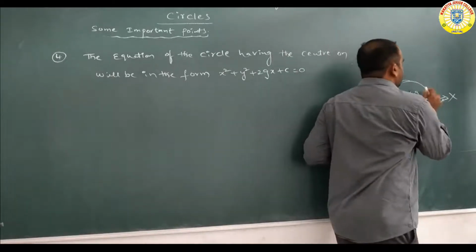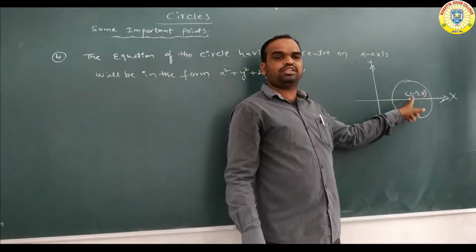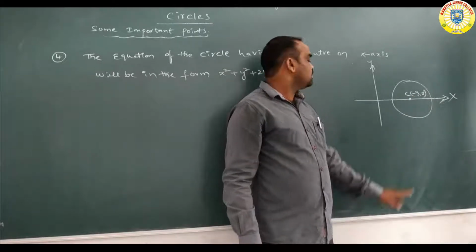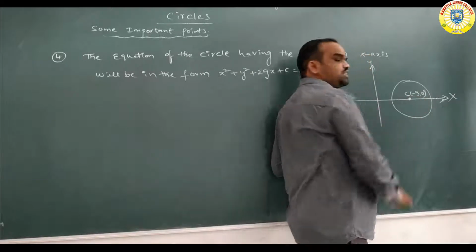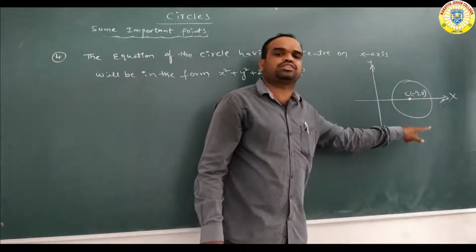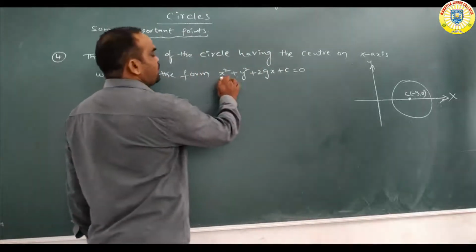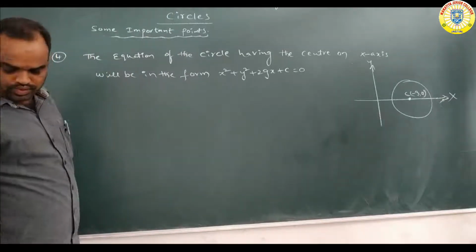That's why your center is -g, 0. Understand? Center is equal to -g, 0. So your center lies on x-axis. In that case, the circle equation is x² + y² + 2gx + c = 0. Understand?